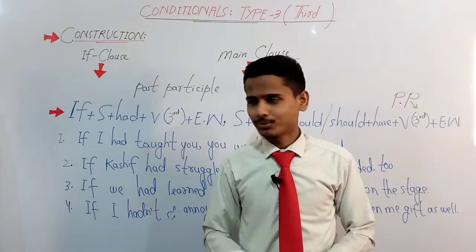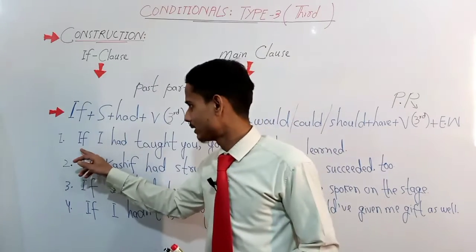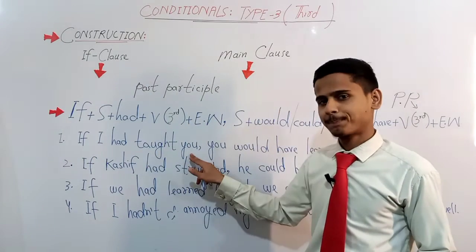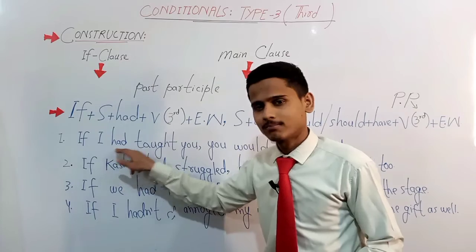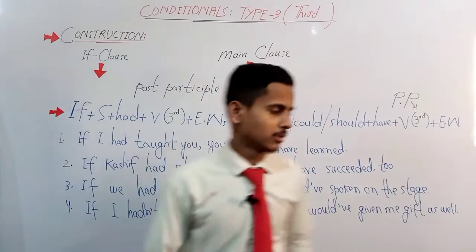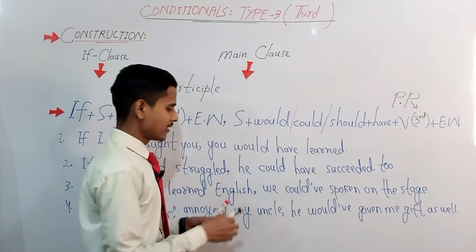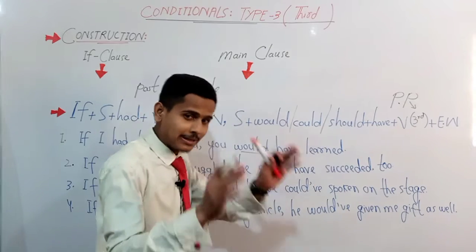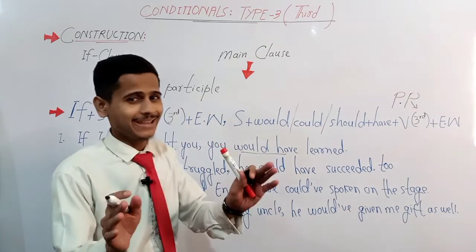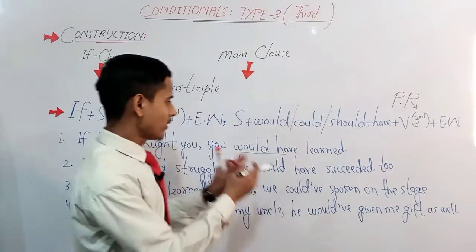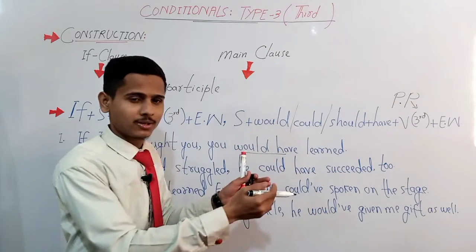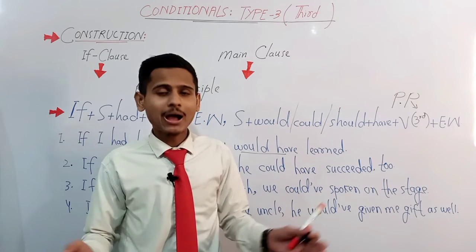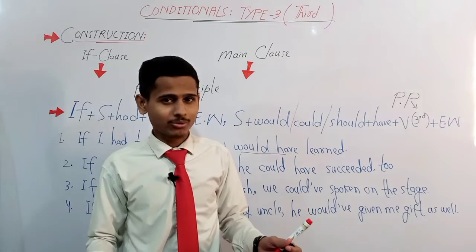Now I have written 4 typical sentences for you so that I can explain more effectively. The first sentence goes: if I had taught you, you would have learned. Here we want to state that the situations are different. Both clauses are unreal and don't have to do anything with reality.